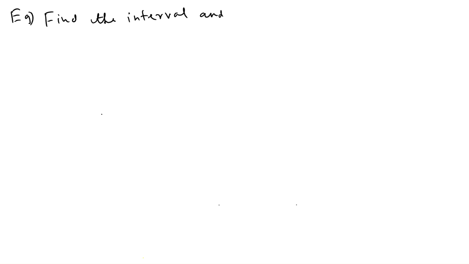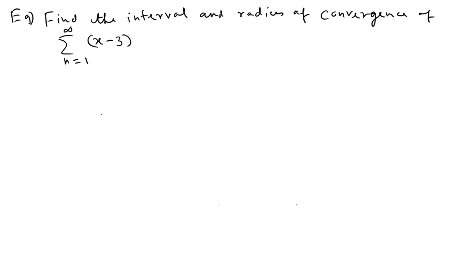Find the interval and radius of convergence of the series sigma n going from 1 to infinity of (x minus 3)^n divided by 2^n times n, something like that.